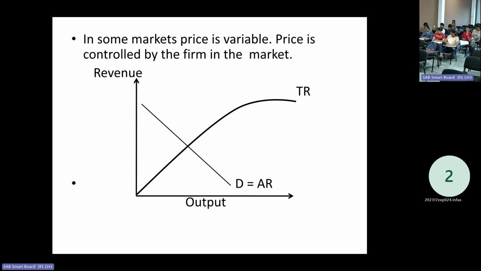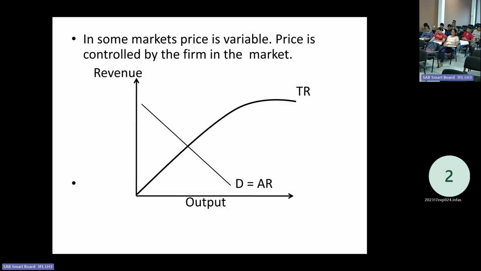By limiting the supply, they can raise the price. If they fix a higher price using the monopoly power, demand for that product is determined according to the market demand. So the firm can control either price or the quantity. They cannot control both.